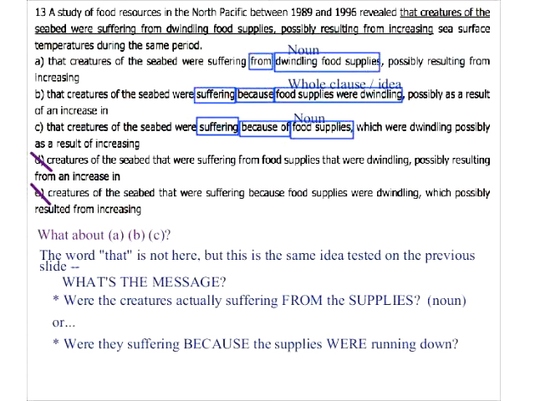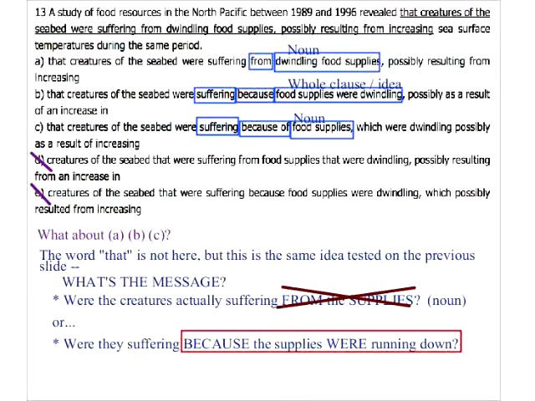If you realize this is the issue, it's probably pretty clear which way this one goes. The supplies themselves are not the cause of the suffering. The suffering comes from the fact that the supplies are being depleted. Same sort of idea as the previous one. The ones that say they were suffering from the supplies are inaccurate, but they were suffering because those supplies were running down. That's the idea. Any questions about that distinction?